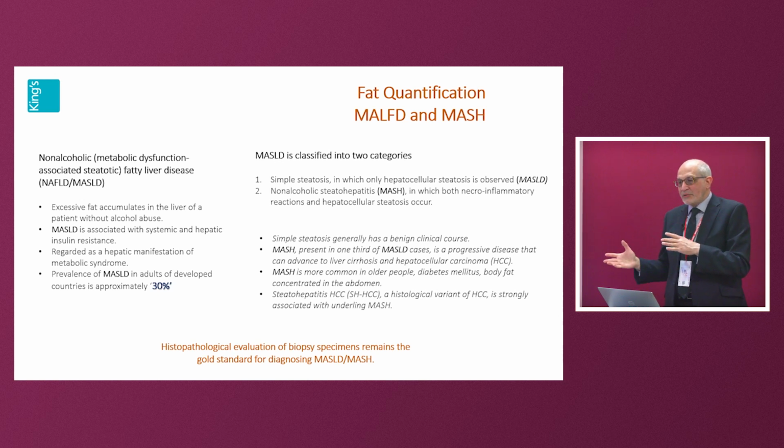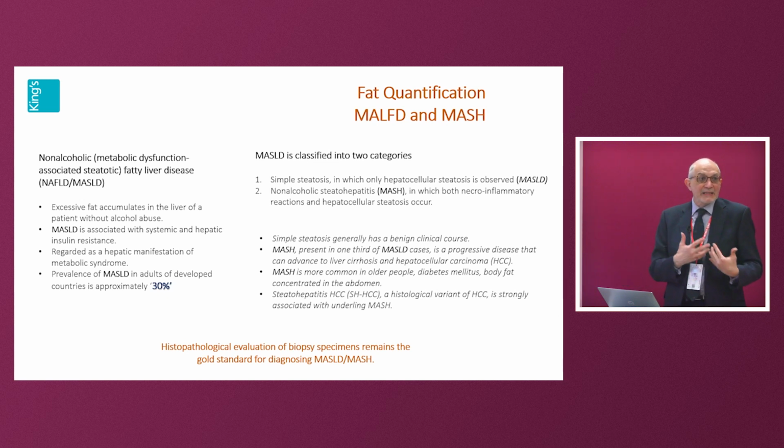If you're from countries where it's less prevalent, and we're doing an international study with South Korea at the moment, they have trouble getting high-grade fatty change in their studies because there are less and less people with fatty change, whereas we don't have a problem with this. So it's very geographically inhomogeneous.